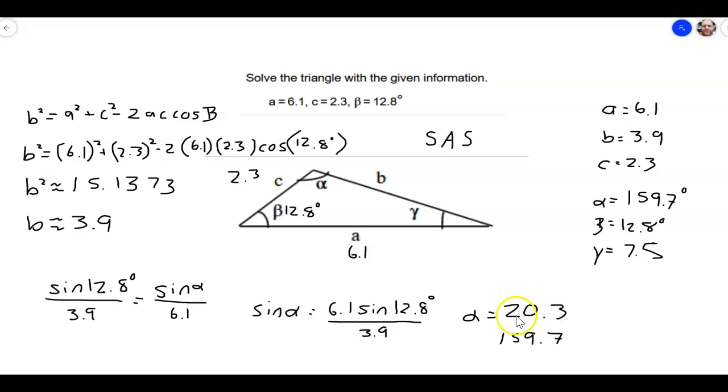So why did we not go with the 20.3? Let's ask that, because that's the first one that we got. Notice how long this side was here and how small this angle turned out to be. When we take the inverse sine, we have to look at both that angle and 180 minus that angle, because it could be either one of those.